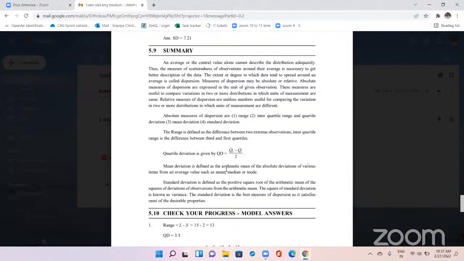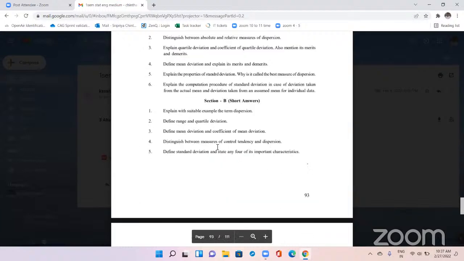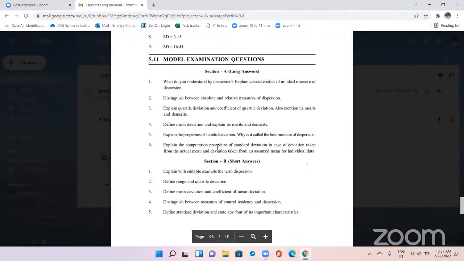Summary means information given at a glance. Long answer questions: What do you understand by dispersion? Explain the characteristics of an ideal measure of dispersion. Distinguish between absolute and relative measures of dispersion. Absolute is nothing but having an absolute value.